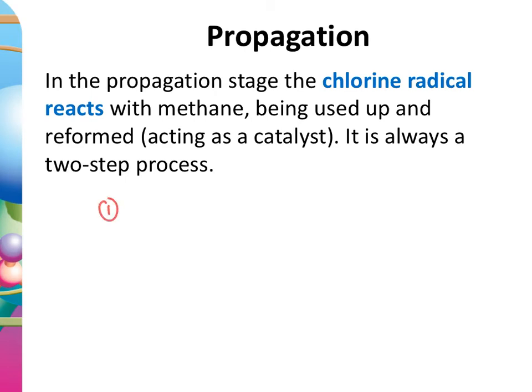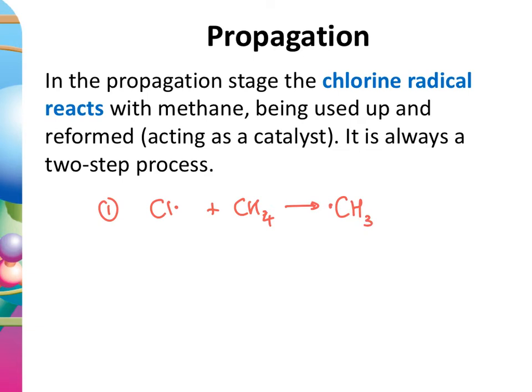So stage 1. We have our chlorine free radical and we have our methane, because obviously they are our reactants. What happens then is that the chlorine free radical strips off one of the hydrogens on the methane, leaving behind a methyl free radical.